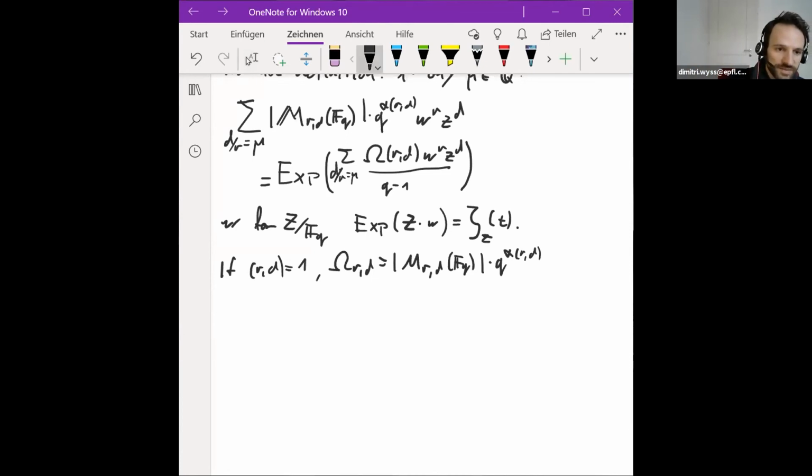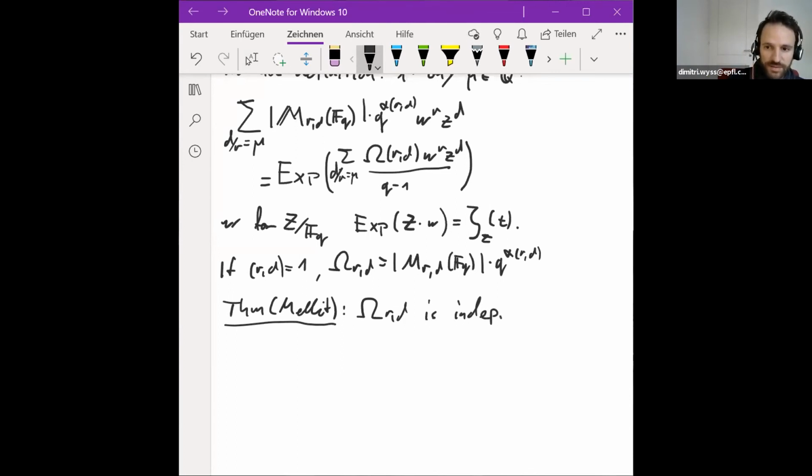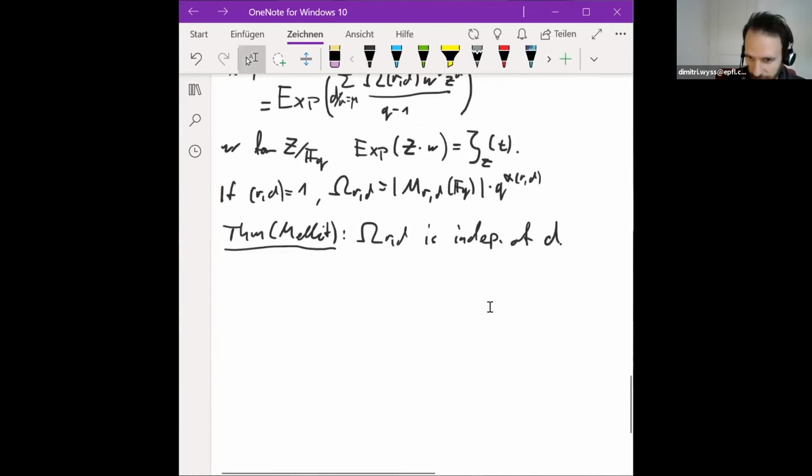And so the theorem is that, due to Mellit, omega r,d, again he finds a formula and he shows this is independent of d combinatorially.